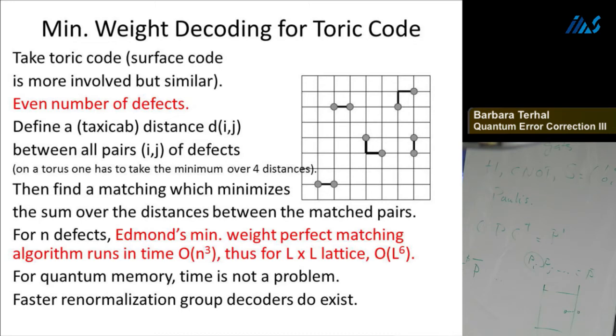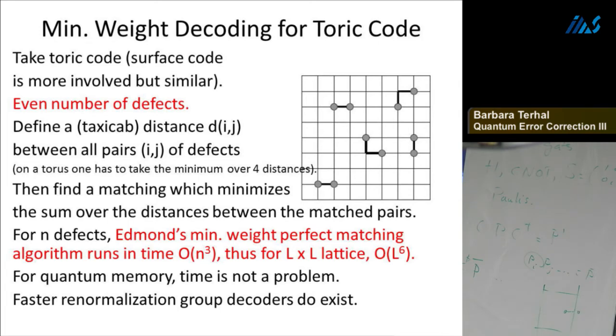And one way of then doing this decoding is to use what's called a minimum weight perfect matching algorithm. So it's an algorithm which has a set of endpoints, and distances between these points, and matches these points such that the sum of all the distances is minimized. And that algorithm scales efficiently.